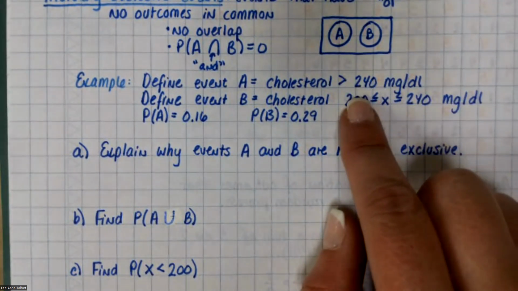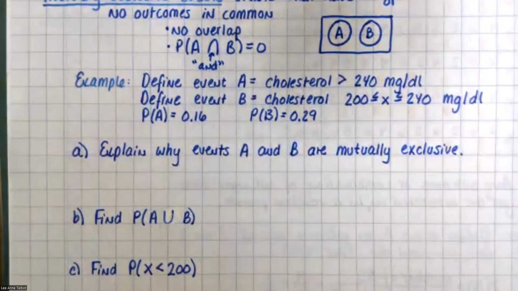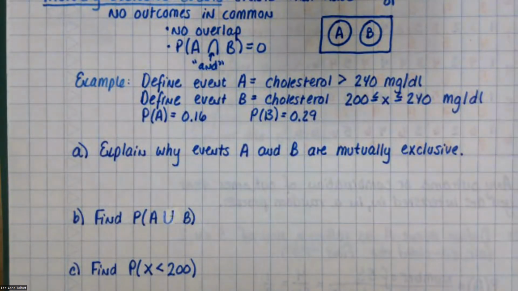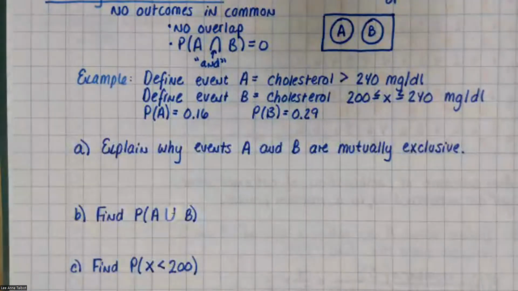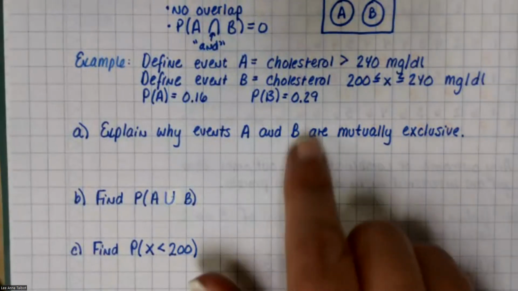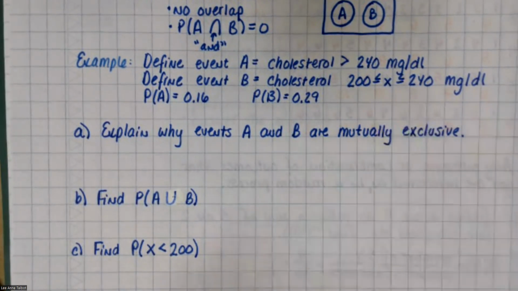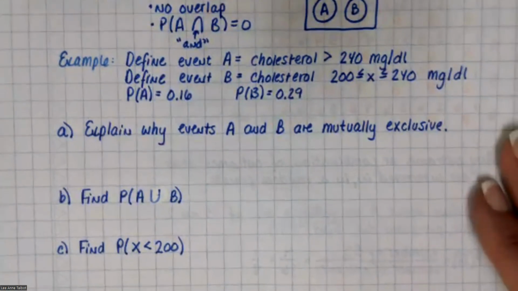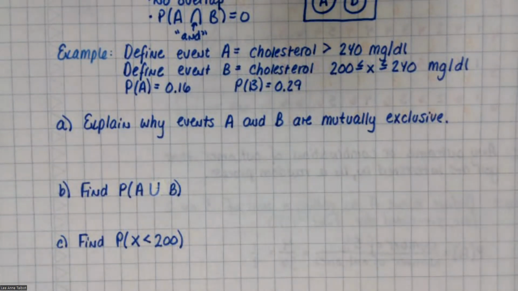Those are less than or equal to's. I'm sorry, I see why you say 5 and 3. Let me clarify my font here. This says 200 is less than or equal to X is less than or equal to 240. That's my bad.